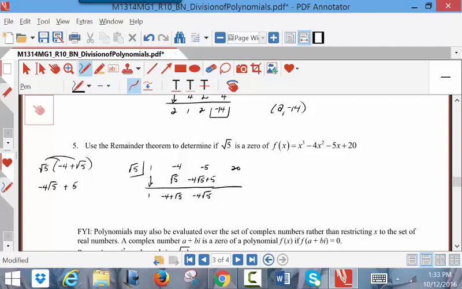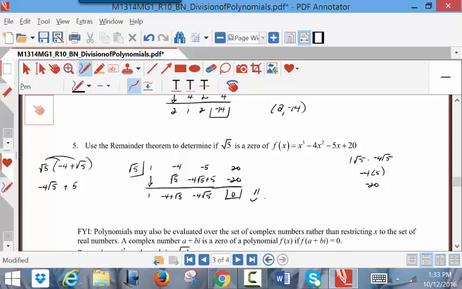The square root of 5 times negative 4 square root of 5. 1 times negative 4 is negative 4, and square root of 5 times square root of 5 is 5. So this would be a negative 20. Yep. This is a good deal here now.